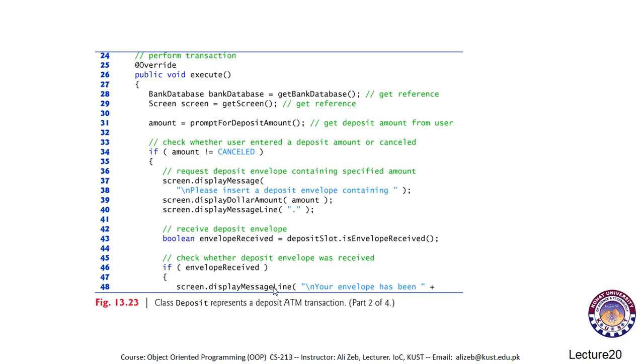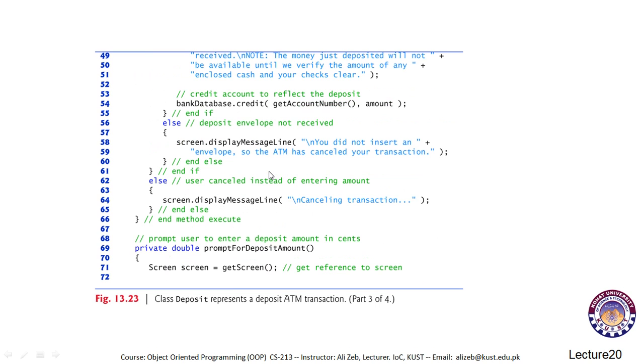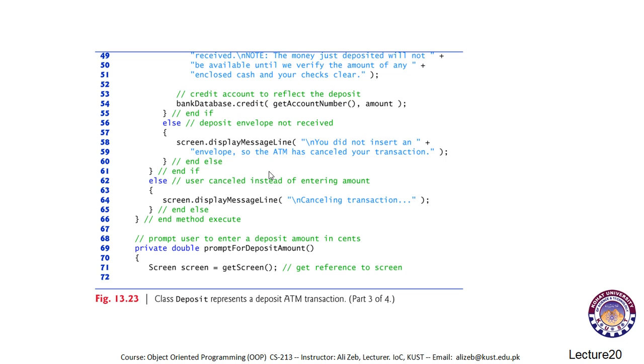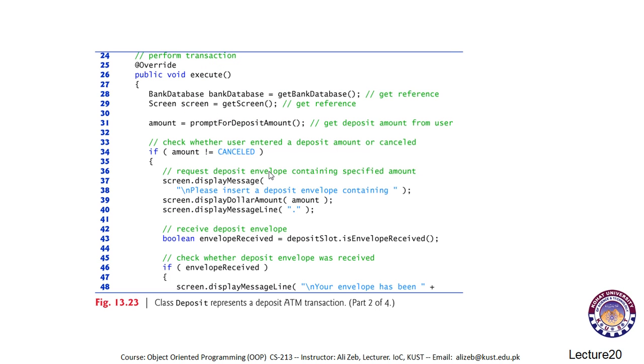It only makes sure that an envelope has been received, and once the envelope has been received, the user will be asked to enter an amount that the envelope has, and that amount will be credited to the user's account. And that is what it does differently from our withdrawal class.